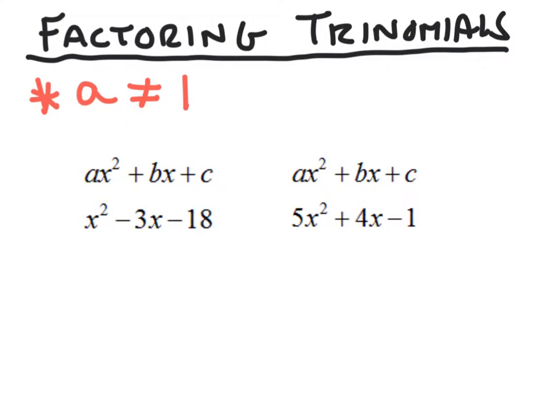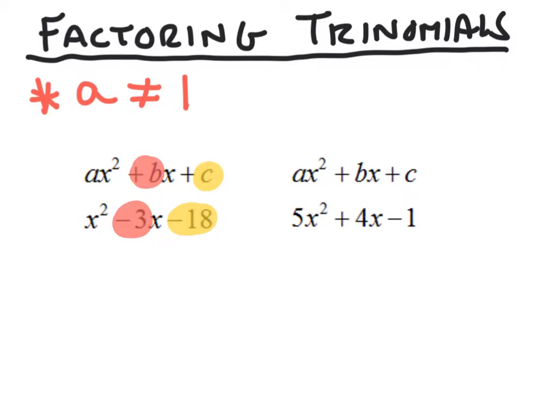So in earlier work that we did, we learned a relationship about C and about this term here: two numbers are multiplied together to give you the negative 18. We also learned that two numbers are added together to give you the value of the b term.